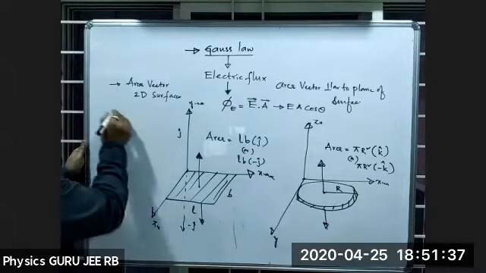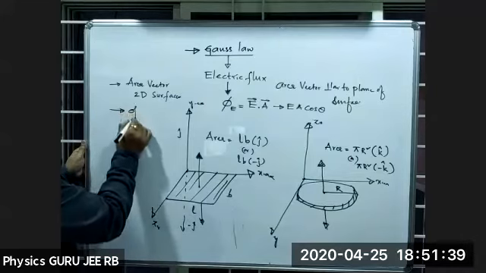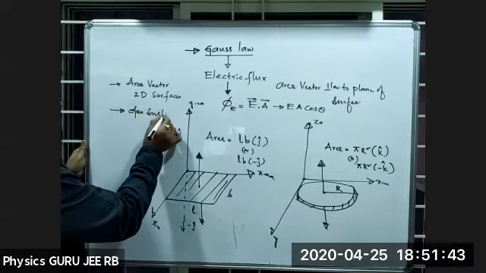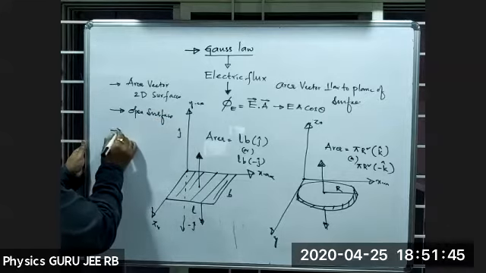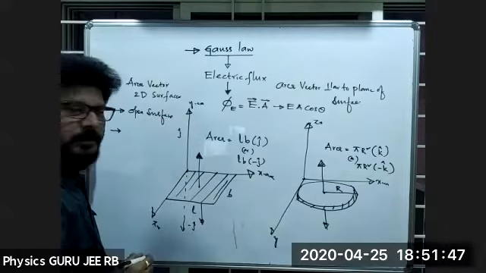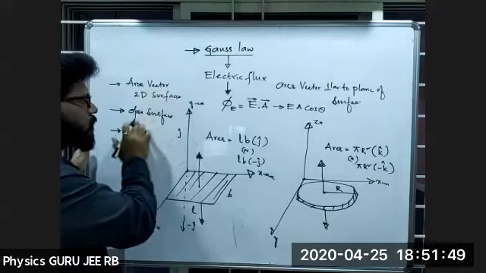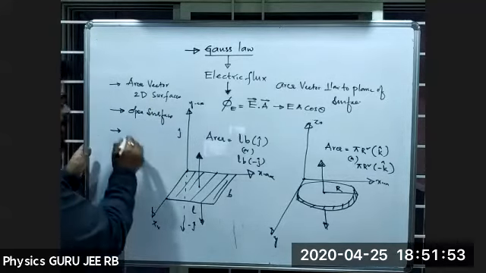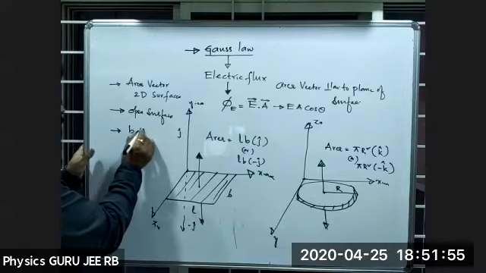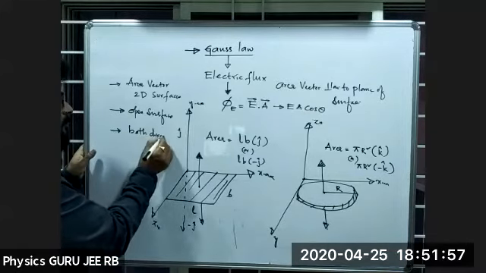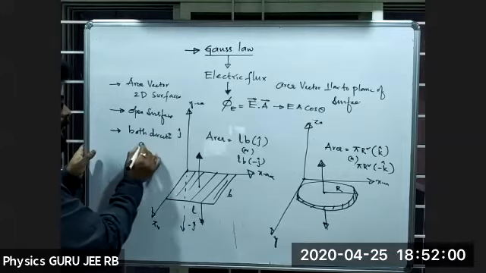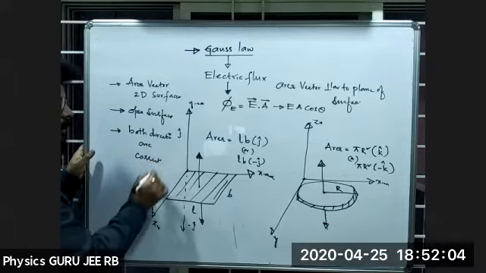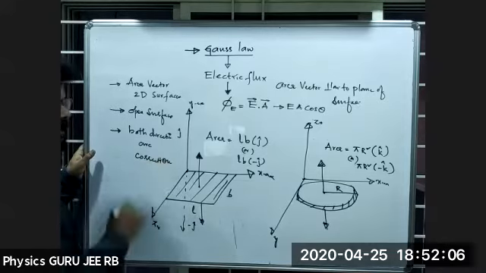These are considered to be open surfaces. Is it clear? These are the area vectors for 2D or open surfaces. Both directions are correct.